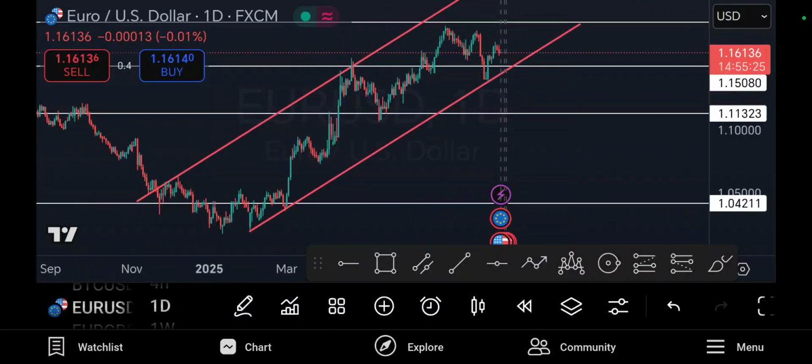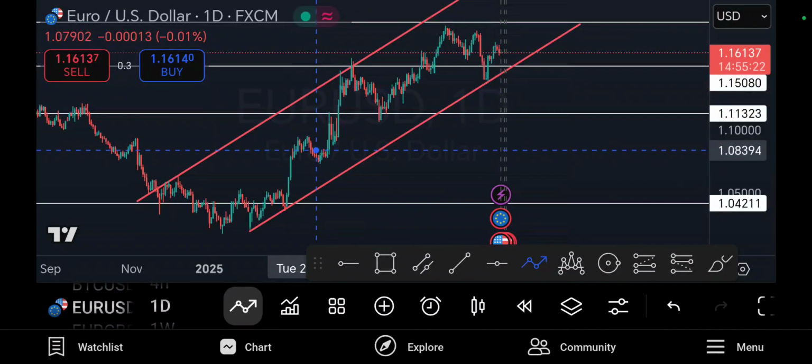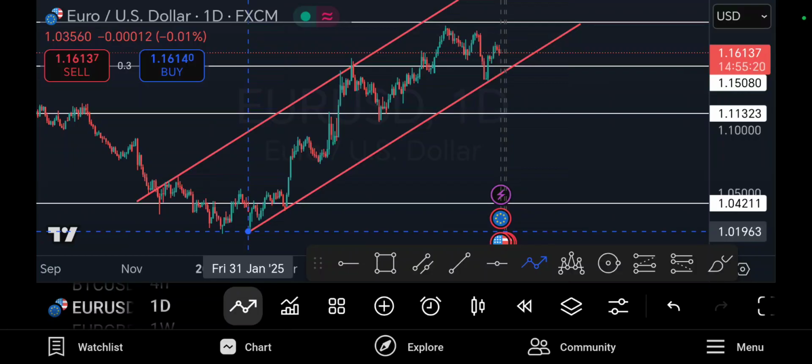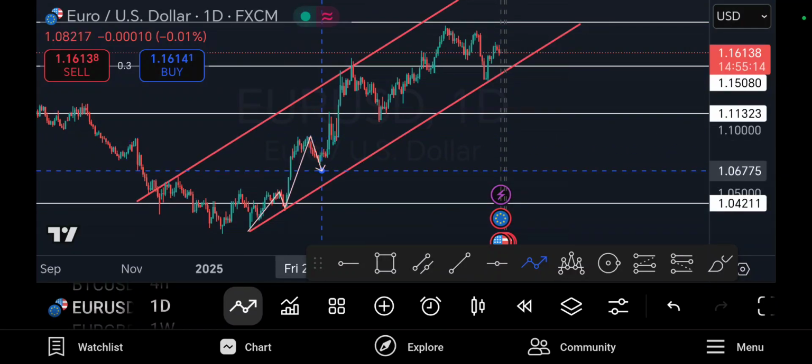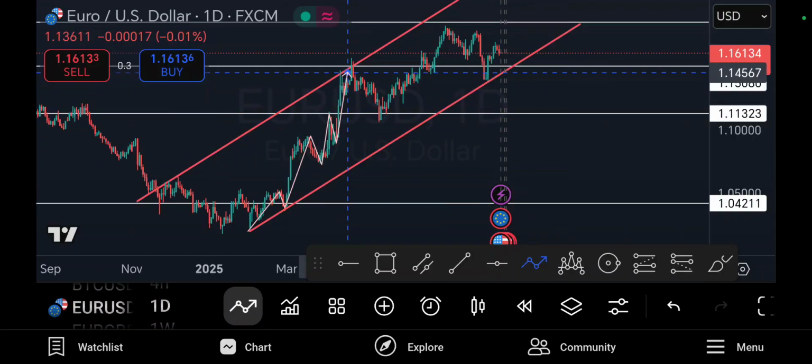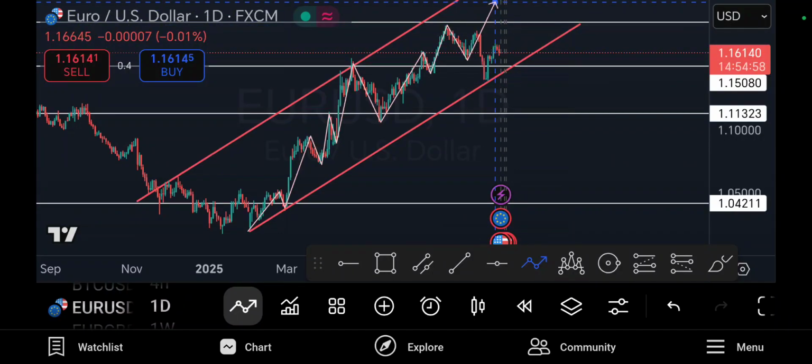So as we can see, the market is from here, right? This was our low, right? It came, retested, came back, impulse, retest, impulse, retest, impulse, retest, impulse, right? Then it retested. So instead of breaking out, it gave us this, which forms a double top, right?